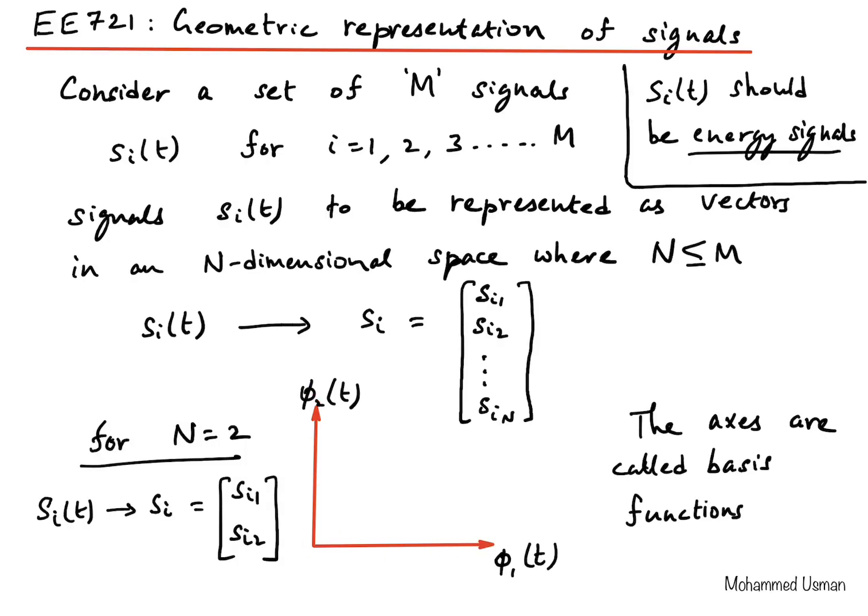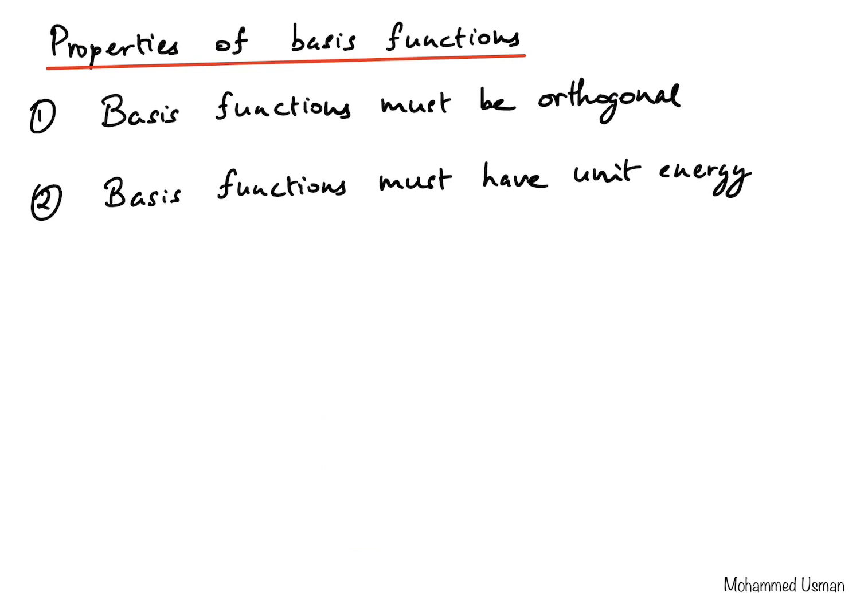Their angle is 90 degrees, or in other words, putting it mathematically, it means that the dot product of the basis functions is 0. That is what we mean by orthogonal. And the second property of the basis functions is that the basis function should have unit energy. So the energy for each of the basis functions should be equal to 1.